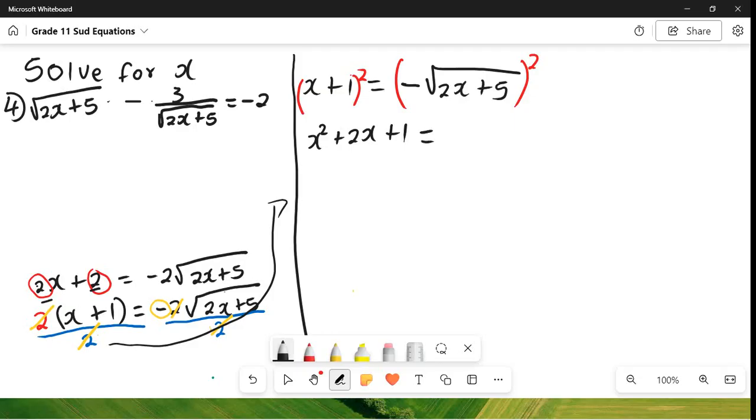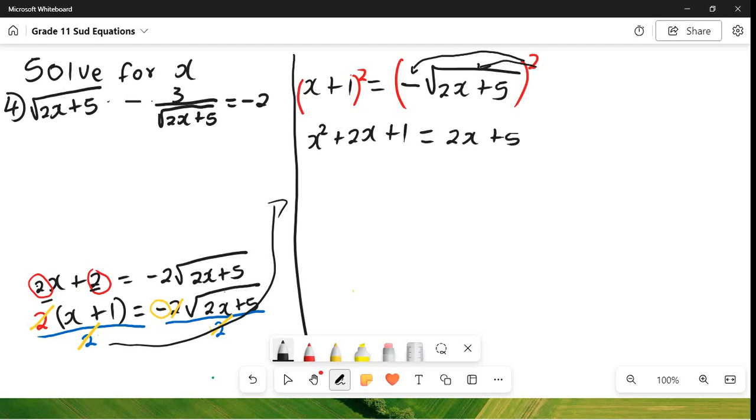Now I showed you, I think it was on the second example, that this one will be distributed here and also here. So negative times negative gives us a positive. So we're now going to have the positive. And when we square the square root, we get whatever that is under the square root. So now we're going to have 2x plus 5.